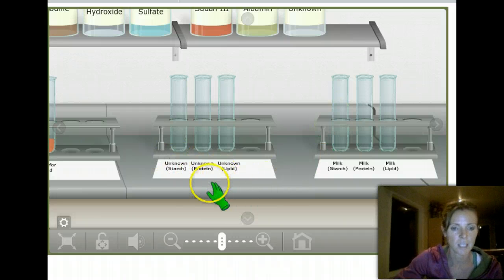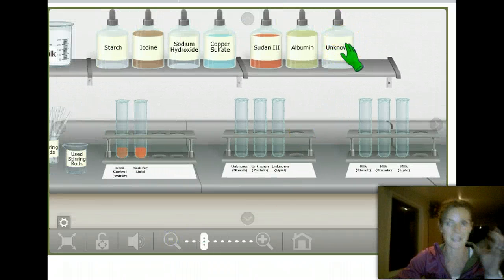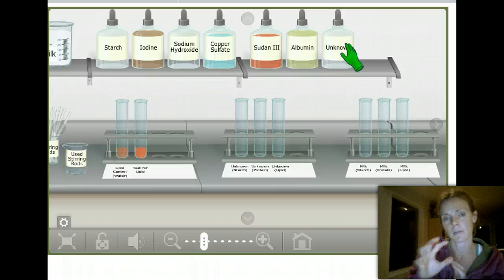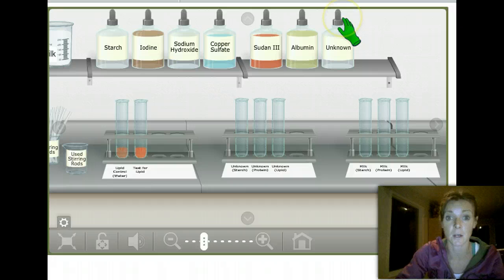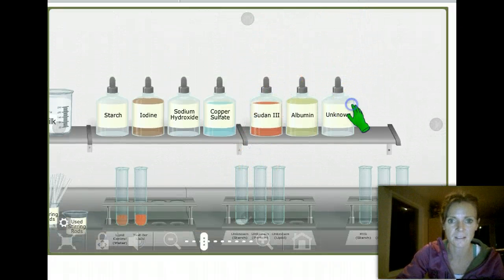If you want to test the unknown, the starch, look it up here. You can see if I pan out just a little bit, you have your unknown solution. Say this is the cocaine from that crime scene. They're going to test it because it's unknown. So you would put your unknown in each of these, right? Because we're going to test for each of these.